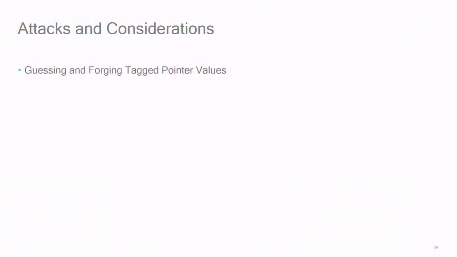There are a number of attacks to consider. The first one is guessing and forging tagged pointer values. I touched on this earlier. We have between 3 and 31 bits for our authentication codes. And obviously, your ability to guess it will be dependent upon how wide the code is.